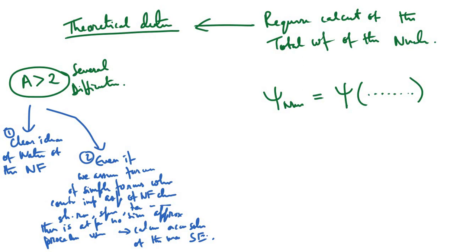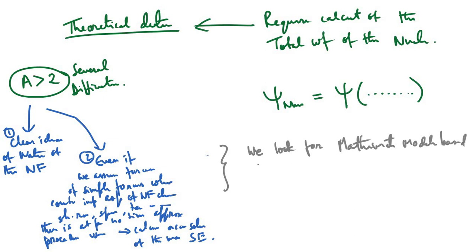These are the two great issues at hand, and because of these two very important issues, we look for mathematical models based on certain very simplifying assumptions, which without too heavy calculations... these are already involving so many calculations, we don't want to do that because they are very difficult to perform.